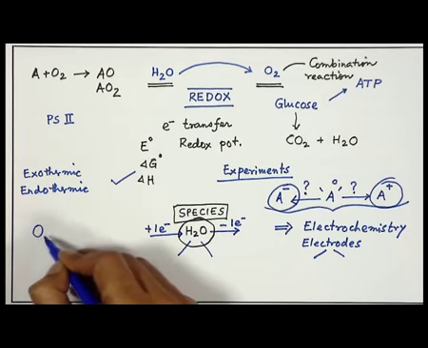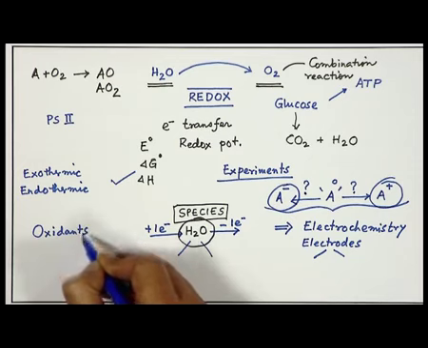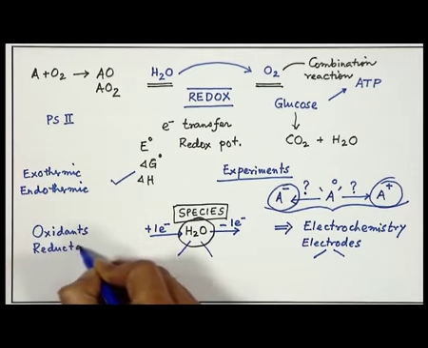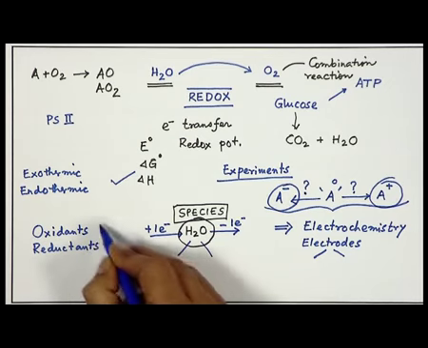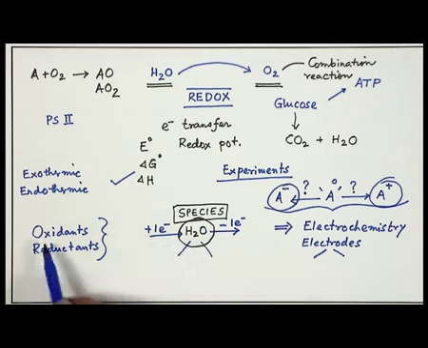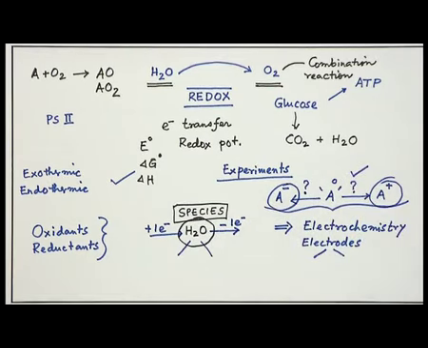So, there we will be utilizing the oxidants and reductants. These are all chemical species. Some species can be utilized for oxidation reactions, and this will be responsible for the oxidation of A like our electrodes.